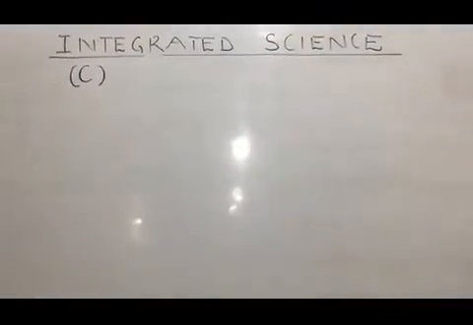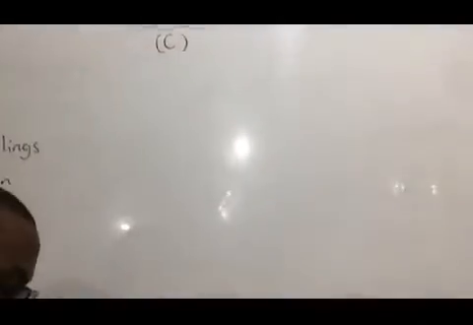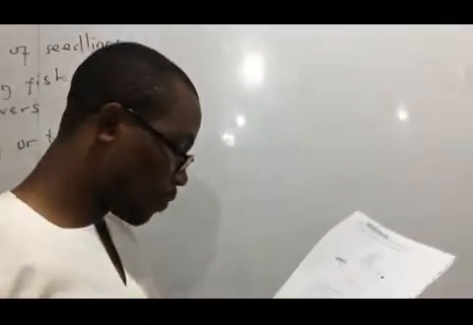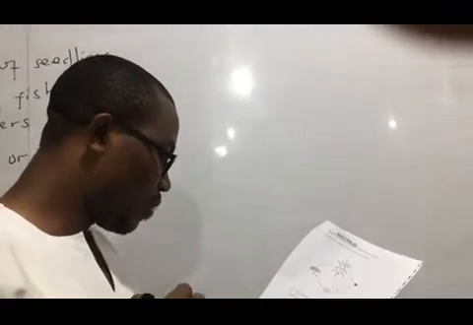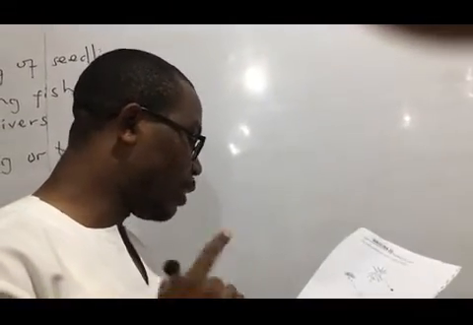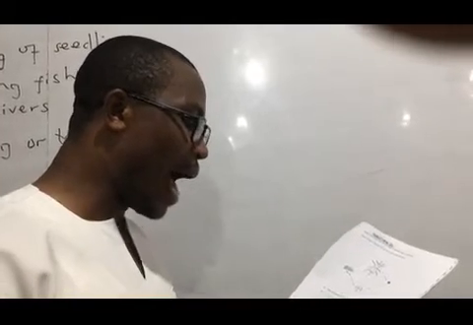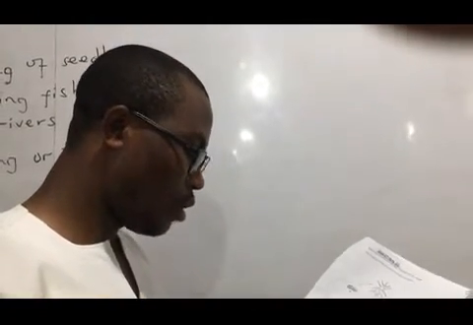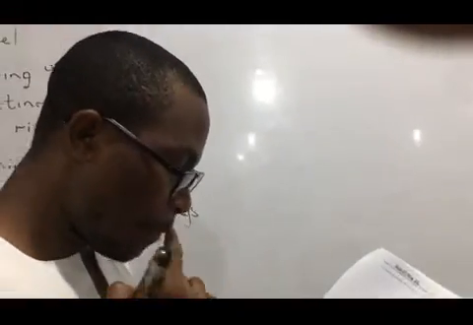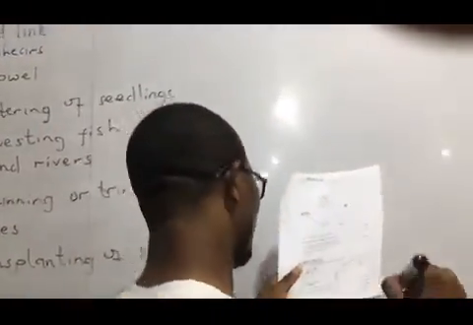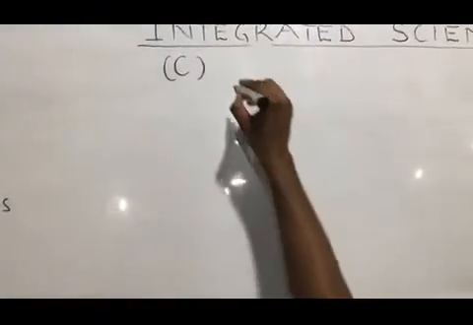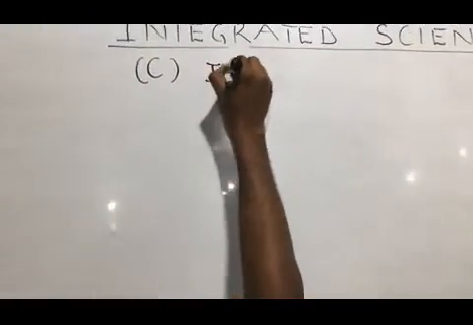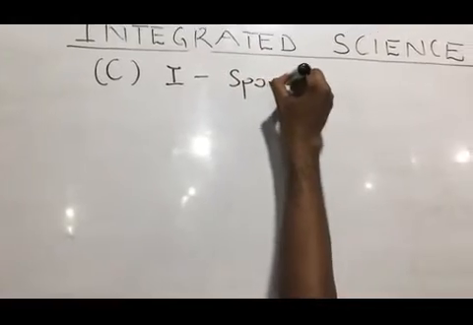The C question says name the parts labeled I up to VI. So we have I and II on 2A, III and IV on B, and then we have the VI on C, and then the V on D. If you look at the watering can, that is the A, the labeled part I is the spout.